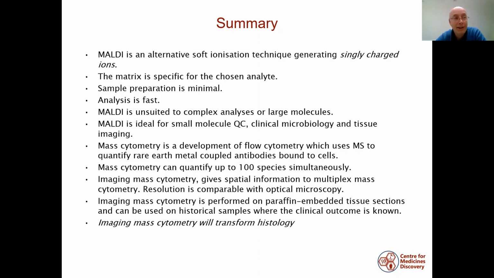You can go back to that sample, interrogate it by imaging mass cytometry, and build up an experimental data set on historical samples. And because it's a historical sample, you know what the clinical outcome of that particular patient was. I think this is extremely powerful. And I really do believe that imaging mass cytometry will completely transform histology.